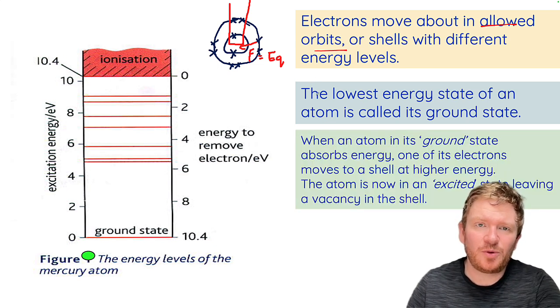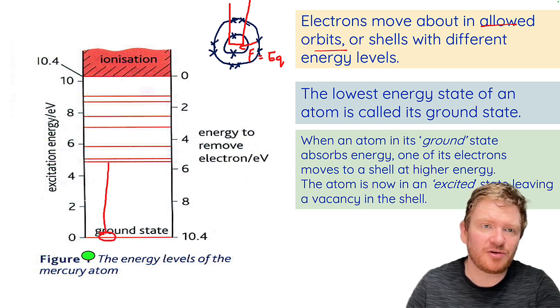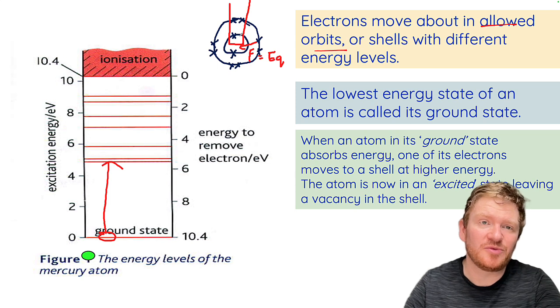When a particle is in its ground state and it absorbs energy, that allows an electron to go from the ground state up to a higher energy shell. For real atoms, you actually quite rarely have all the atoms sitting in that nice, neat configuration that we taught you all the way back in year 7.